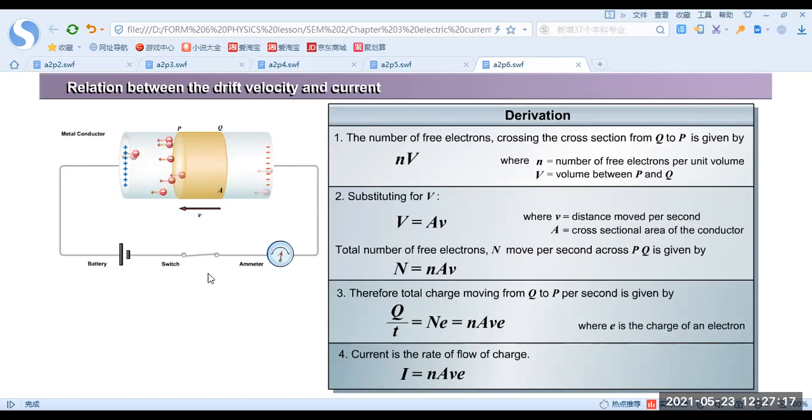The electron is not moving in that direction naturally, but is forced by the electric field. Okay, so this we must understand about the drift velocity.